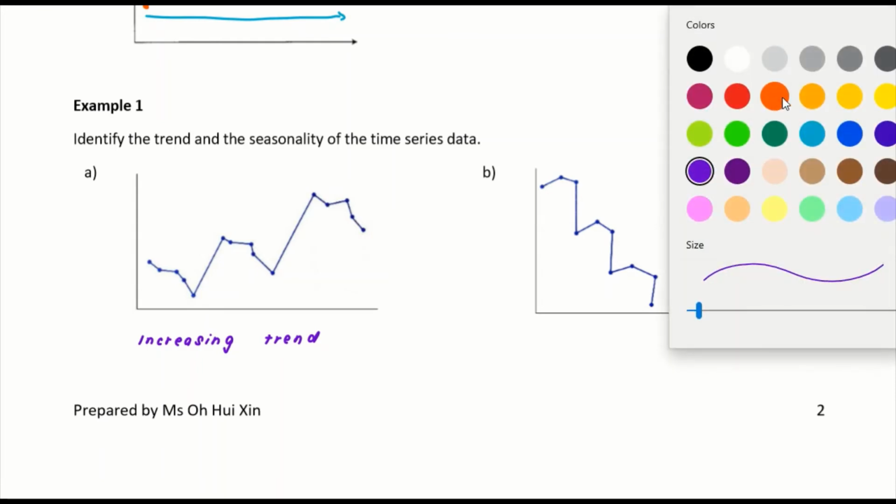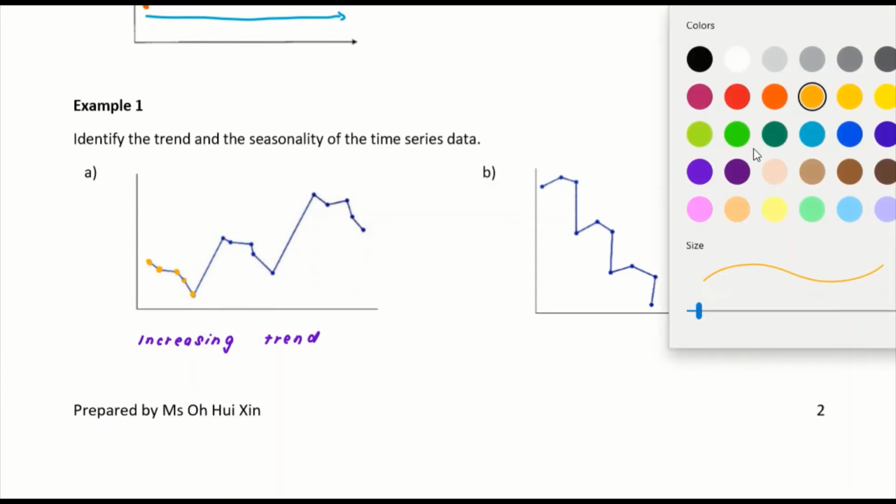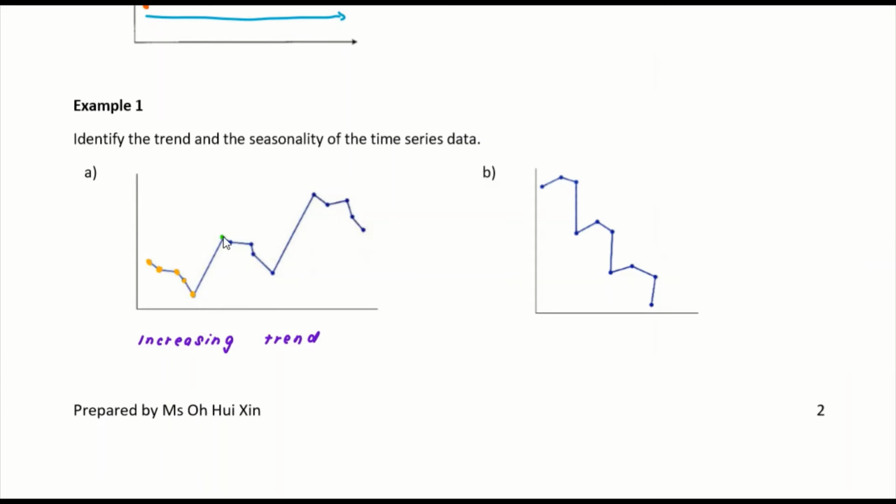If you are using a different color, then 1, 2, 3, 4, 5 made up one cycle, then after that the other cycle repeats again, 1, 2, 3, 4, 5, and after that the last one. So in this case, you are having a 5-point cycle. Alright, so it's having a seasonal variation, basically.